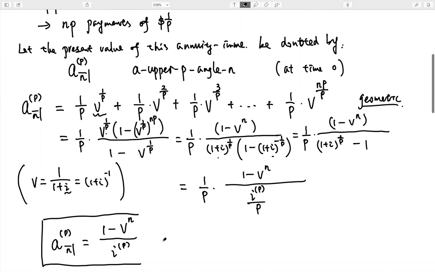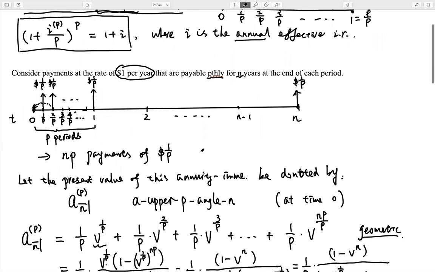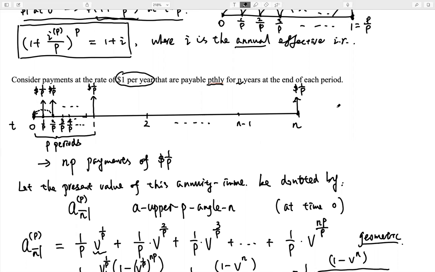Okay. So far, we haven't used the relation between this and the standard annuity. So next, we do a little comparison to see what's going on with this new special annuity due, right?